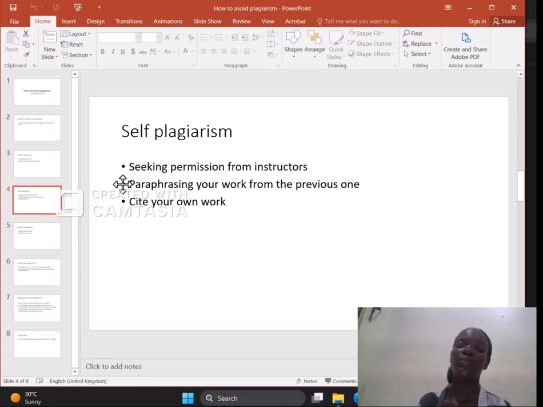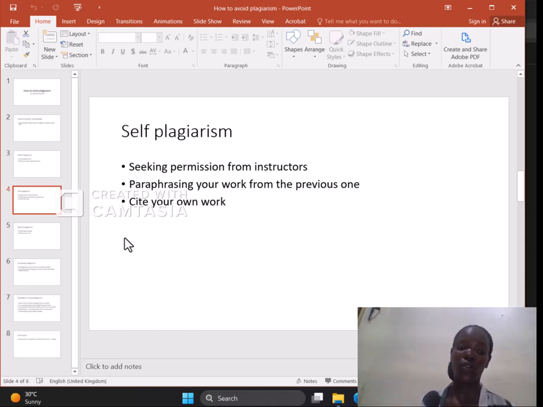You put it in other words and use synonyms, words that are different but have the same meaning, so as not to fall into plagiarism. The other one is to cite your own work. You can use the exact work, but then you cite it, because it was your work, and say it was your work.